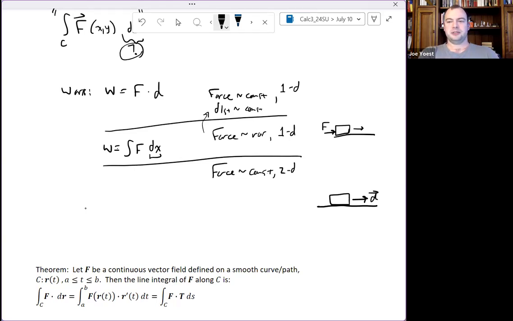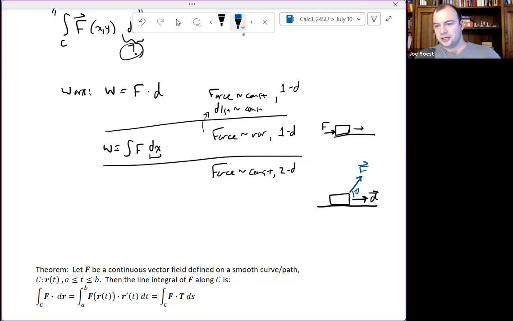My force might be lined up perfectly with that displacement vector, so all of the force is, in a sense, contributing to moving the box along. But quite often I'll have a force vector that's in a different direction. So some of the force is being, in a sense, wasted and just pulling against gravity and not really getting anywhere. And some of the force is useful in moving the box along.